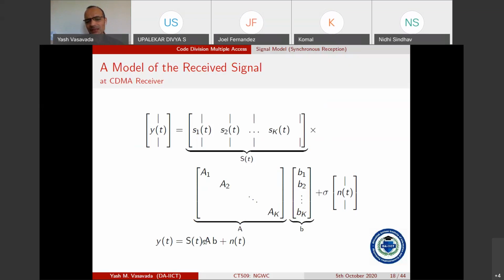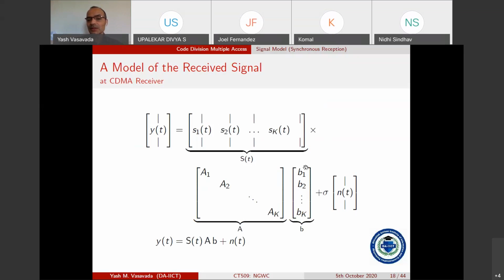I would say that this diagonal matrix A was kind of absorbed in our earlier symbol vector. What we were looking at in that equation 2 was a symbol vector which was A times B. Here we have separated it out.